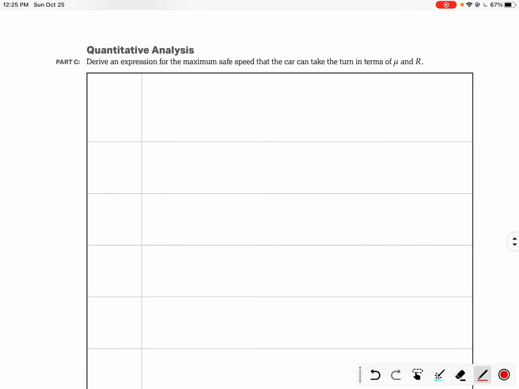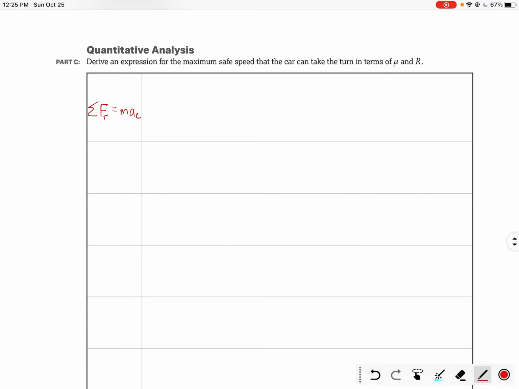All right, so now we want to get a little bit more quantitative. We want to derive an expression. Again, a derive always begins with reference to a formula we know, such as Newton's second law. So the sum of the forces in the radial direction has got to be equal to mass times that centripetal acceleration. So we could describe what we're doing simply as we go along here.